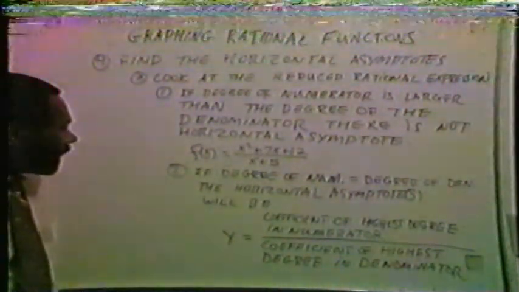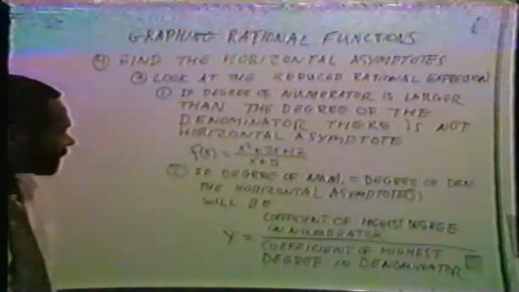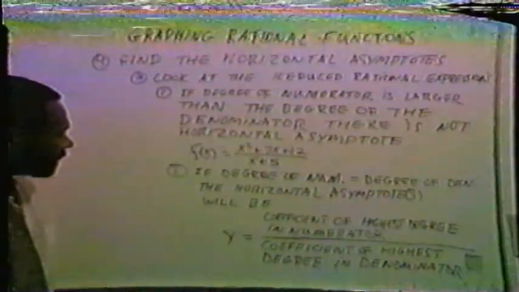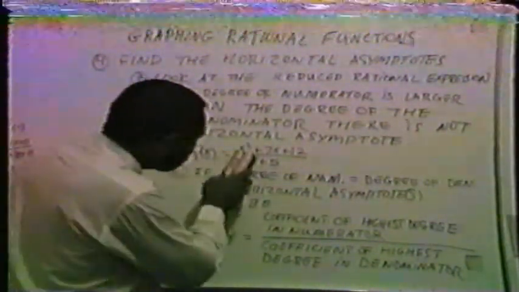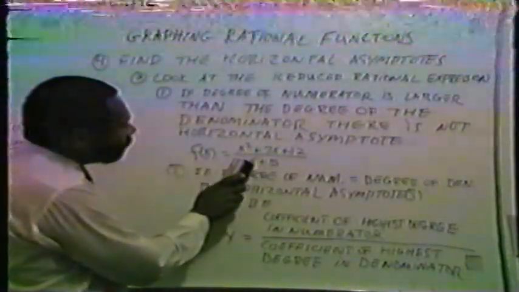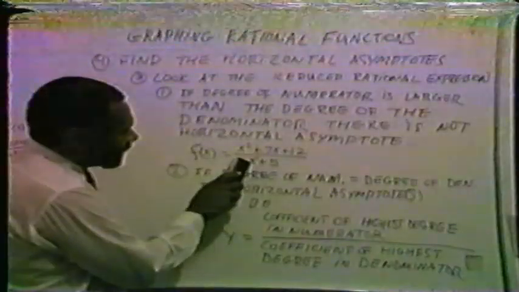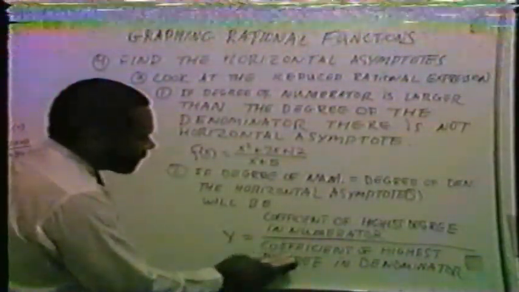And we're only going to have one horizontal asymptote, because there's only one coefficient of the highest degree term in the numerator and only one in the denominator. So you're only going to get one number when you divide those two numbers. That means there's only going to be one horizontal asymptote.